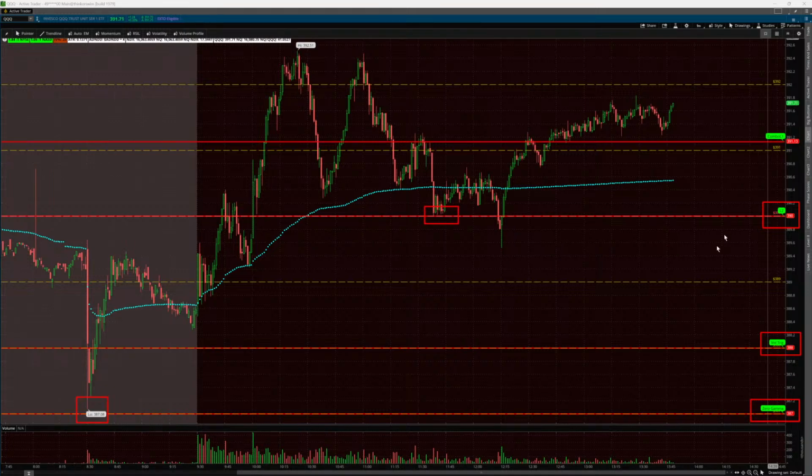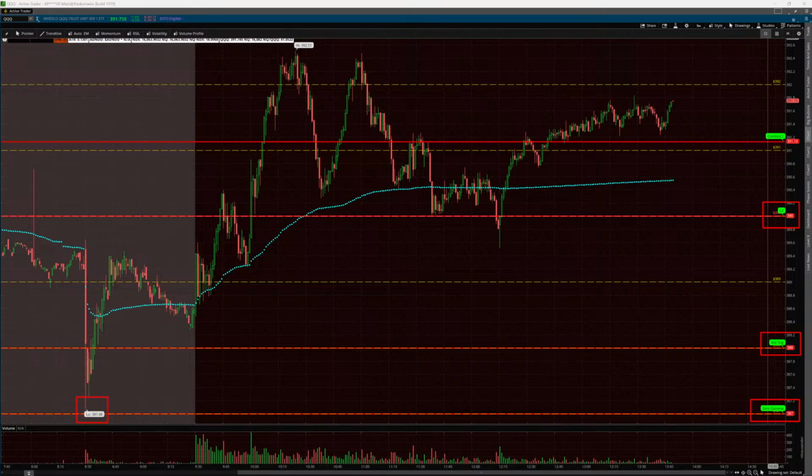And just above that there's a combo level. And note 390 is again the absolute gamma strike. That level did shift higher from yesterday. Also the volatility trigger shifted higher. On the other hand, both the put wall and call walls shifted lower. The call wall now at 395 for QQQ, still well above current price.